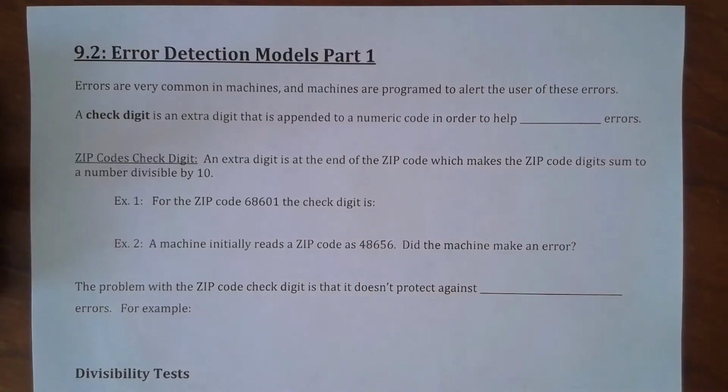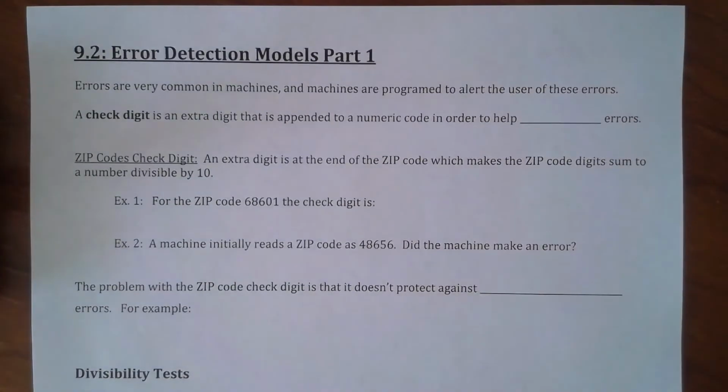So for the zip code check, all the digits that we had, with the extra digit, summed to a number that was divisible by 10. If we didn't have that check digit that summed to 10, the computer would know that an error had occurred, some sort of misread happened.